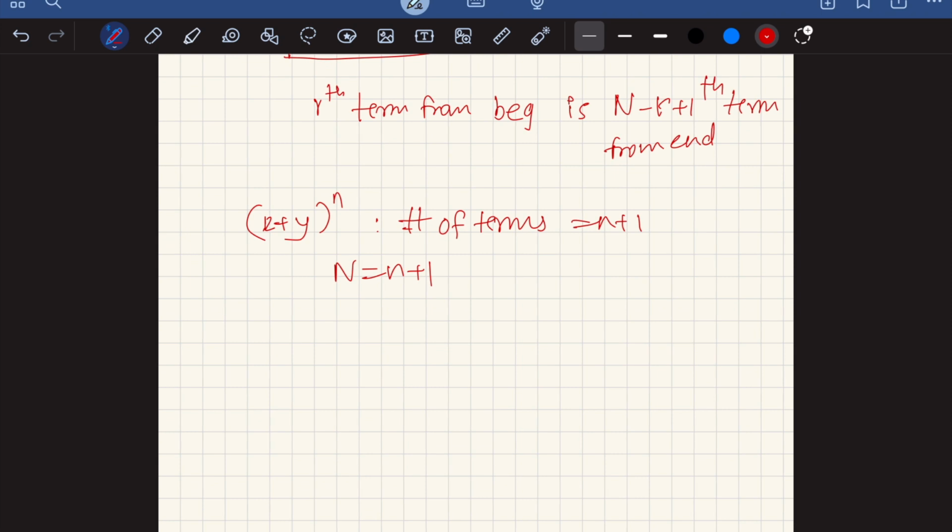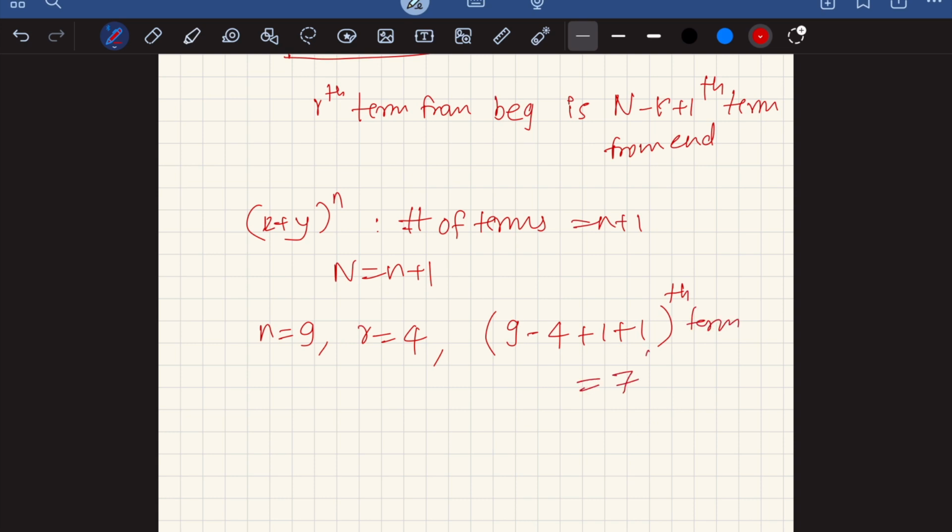Okay. So hence, what you are looking at is your small n is 9, r is 4. So you're looking at 9 minus 4 plus 1 term. Sorry, this is 10.